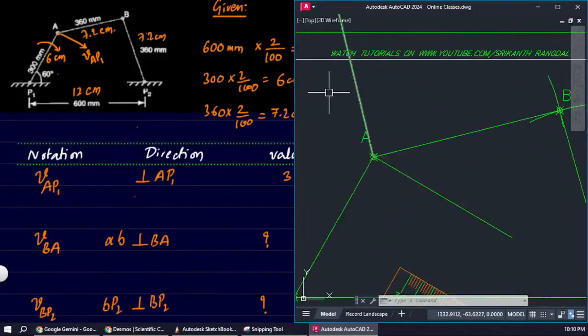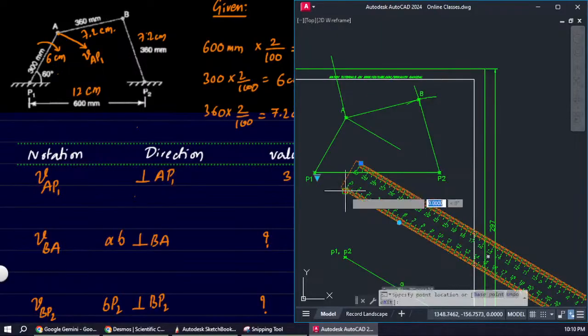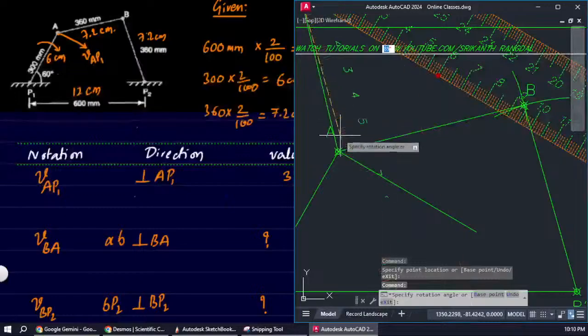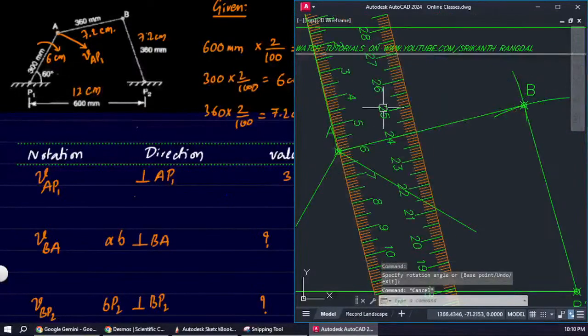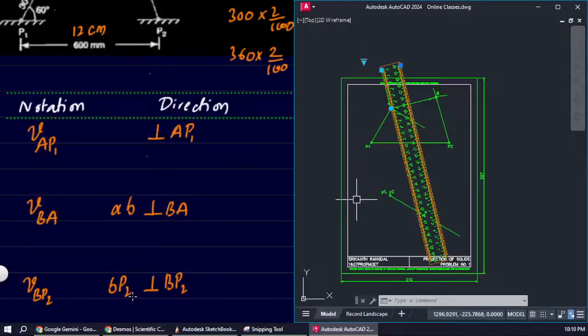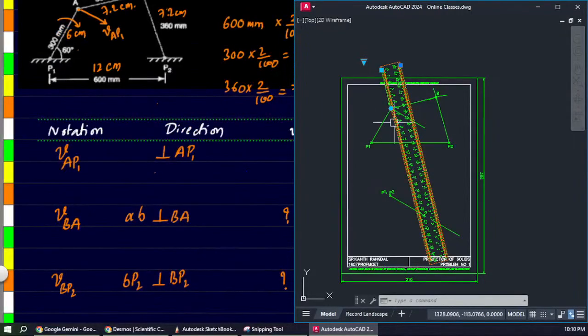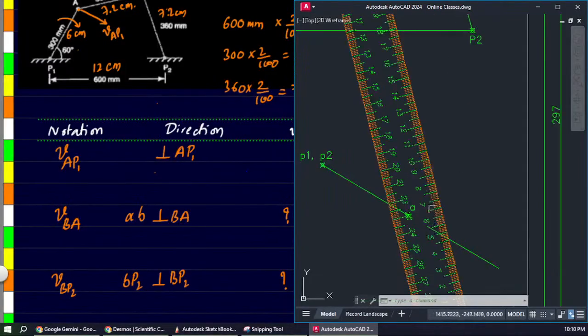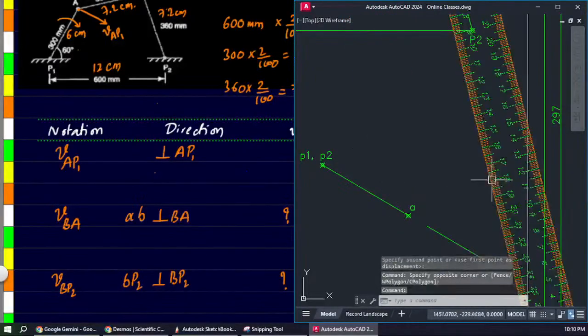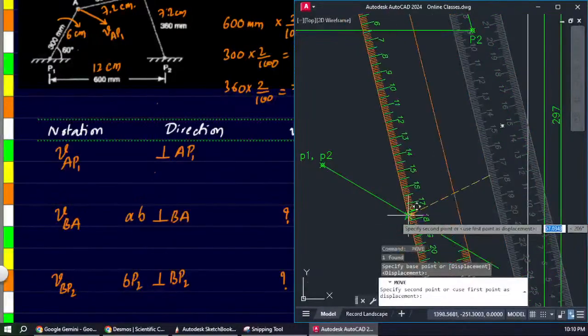Now we need to take a line parallel to this, and then move it till it passes through BA. BA means it should pass through A. We'll have to move it, keeping it parallel, till it passes through A.